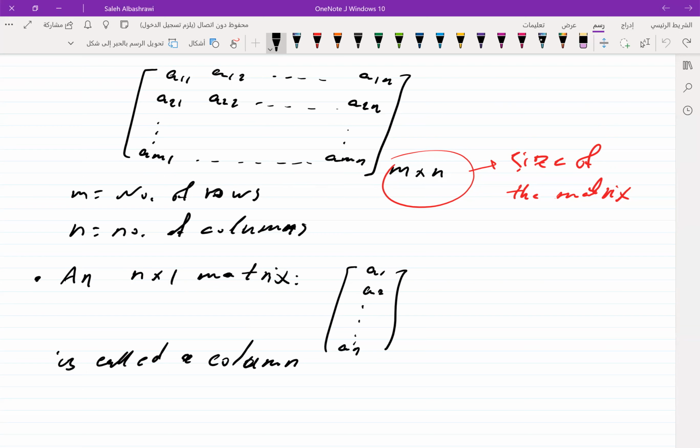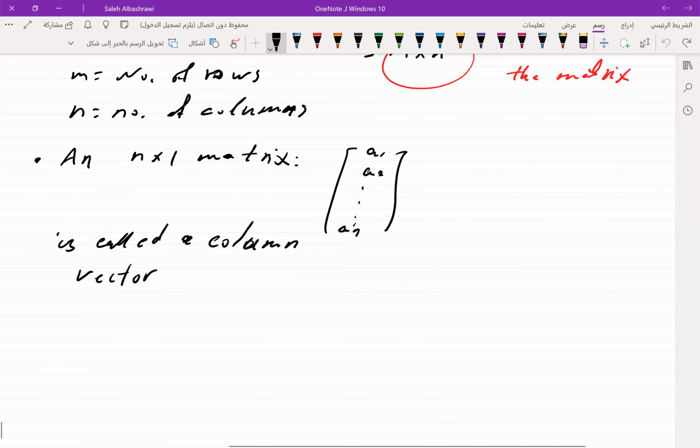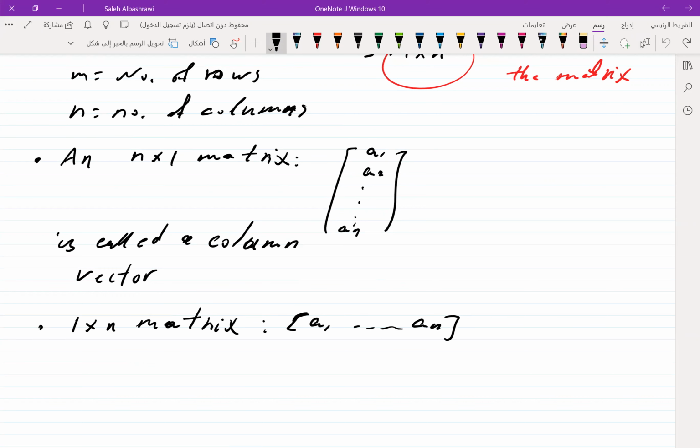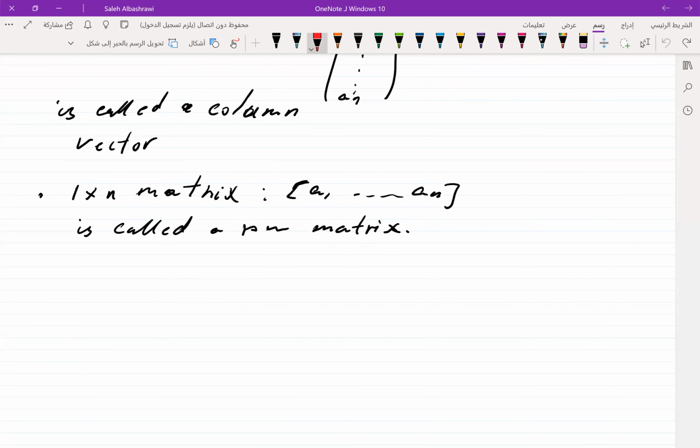And a 1 by N matrix is a row matrix, or row vector.